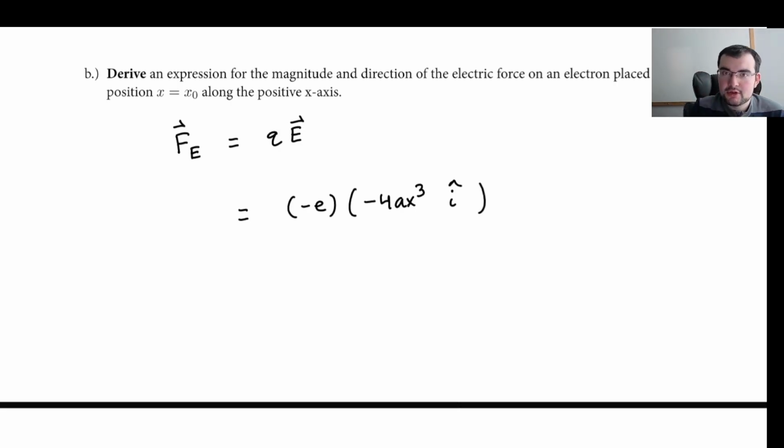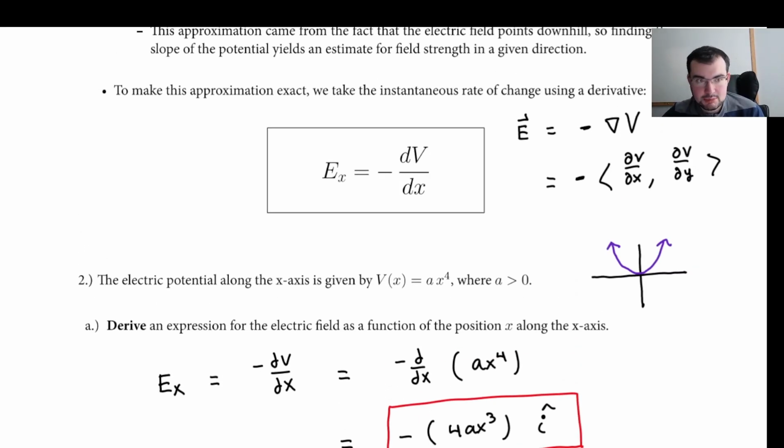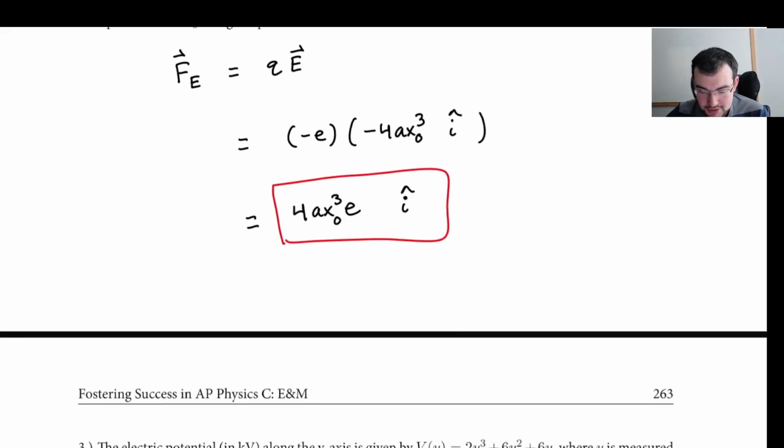But again, we deal with the unit vector notation because we can easily see what's going to happen with the sign changes here. So the negatives cancel, so we get 4ax cubed times e, and then positive i hat. And this x is x0. Notice this makes sense because an electron, if it's placed in this potential, is going to accelerate to the right if it's on the positive x-axis, because the negatives go towards higher potentials, the opposite of what positives would do.